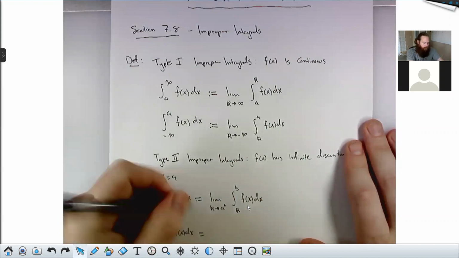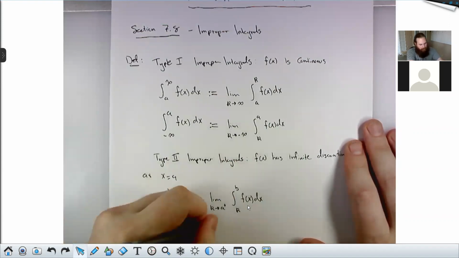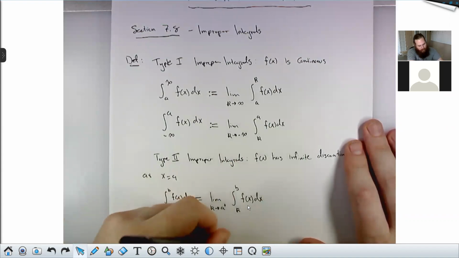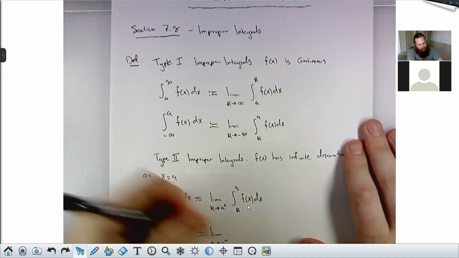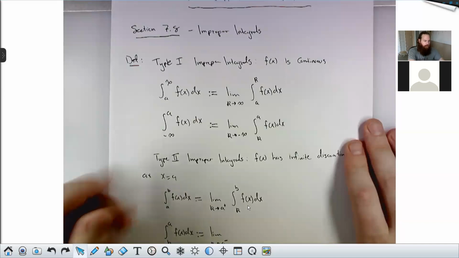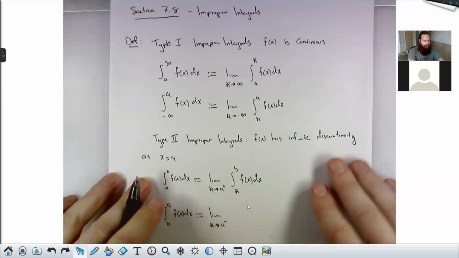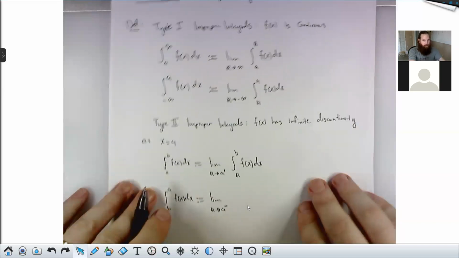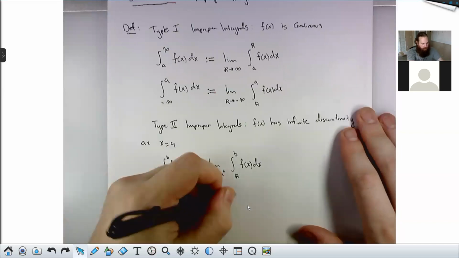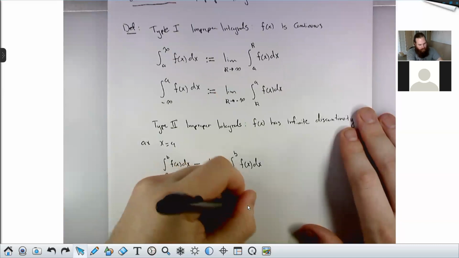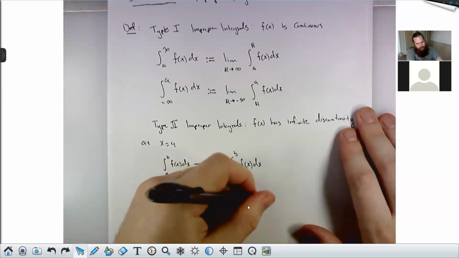And this guy I would define as the limit as r approaches a from the left, again because I want to stay within the interval and sneak up on that infinite discontinuity. And this would be the integral from b to r of f of x dx.